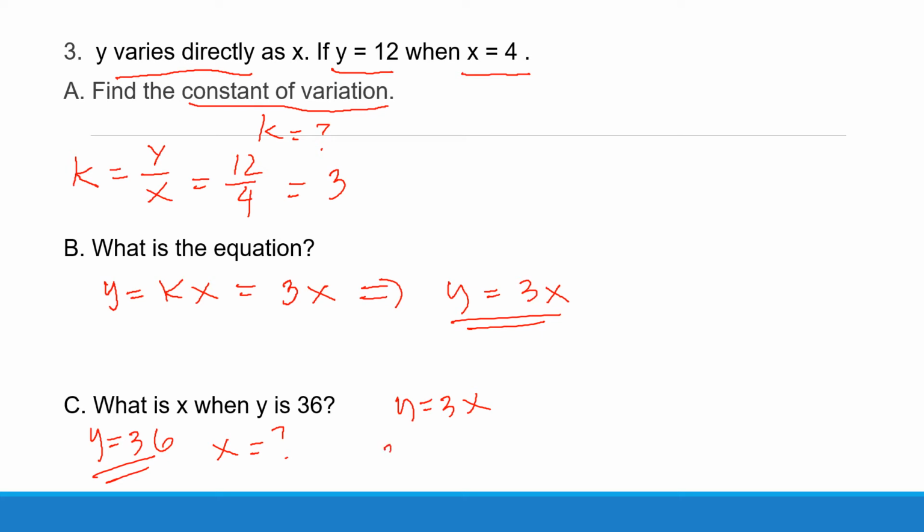So, you will have here 36 equals 3x. So, para matanggal yung 3 na yan sa katabi ng x, kailangan natin mag-divide both sides ng 3. So, 3 divided by 3 is 1. So, 36 divided by 3, that is equal to 12. So, therefore, ang x natin is equal to 12.